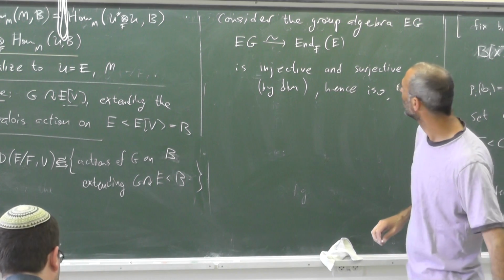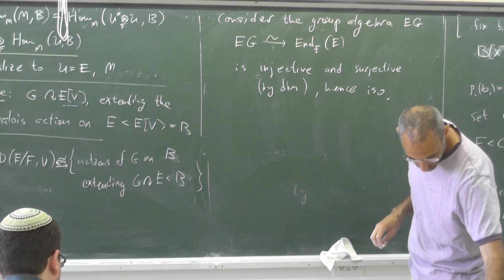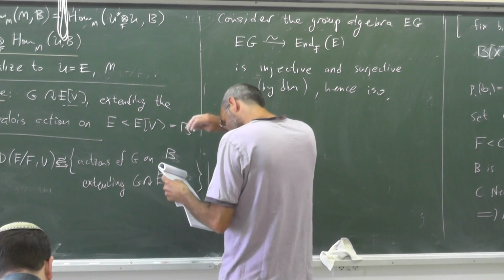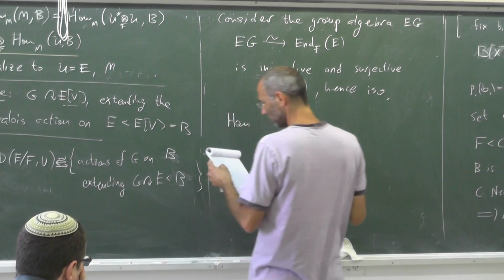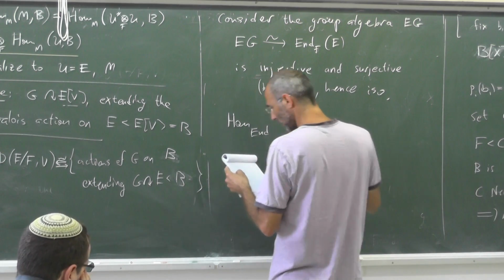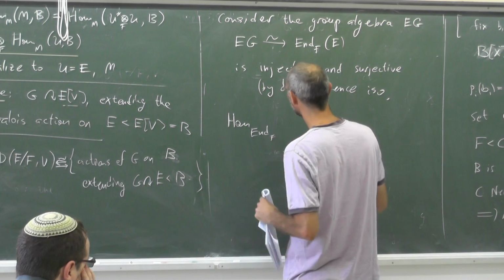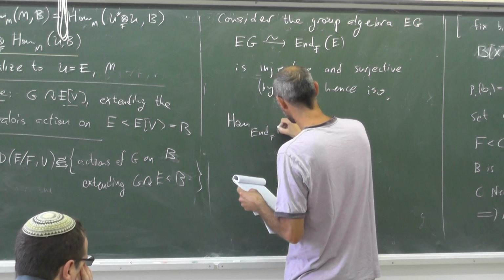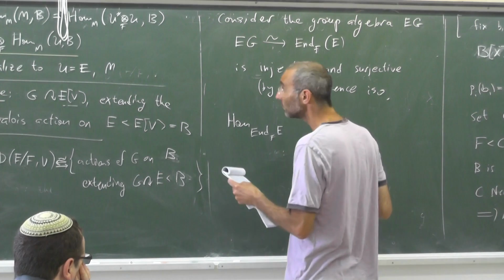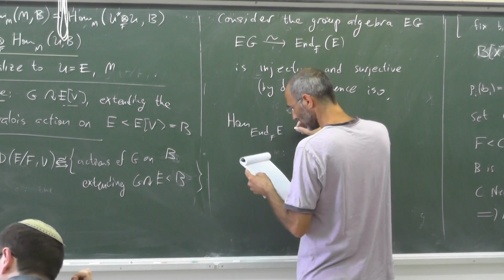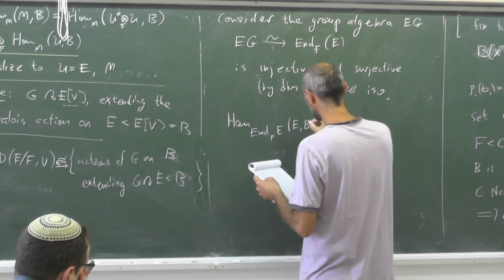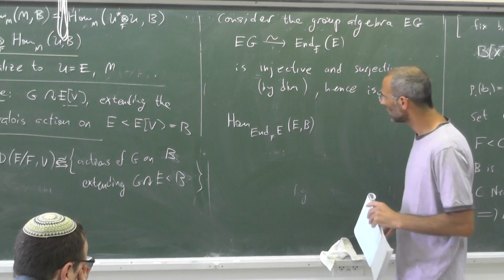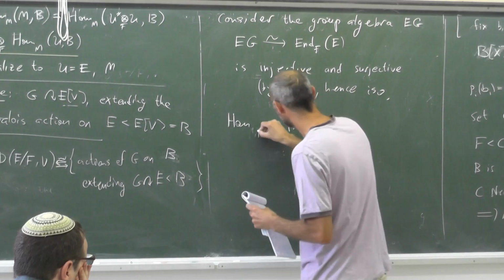And okay, now let me write it down in the line as I wrote it, and then try to fix it. I copied it, I stole it from somewhere, and please check carefully. Basically I want to claim that this is EG.